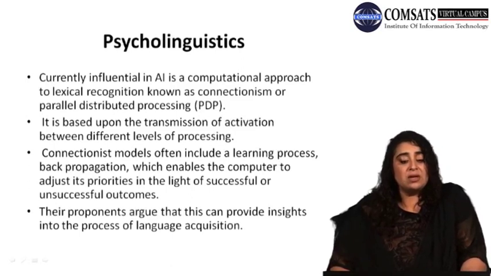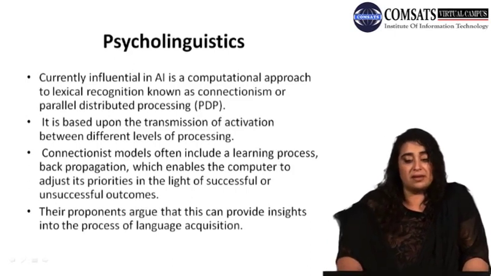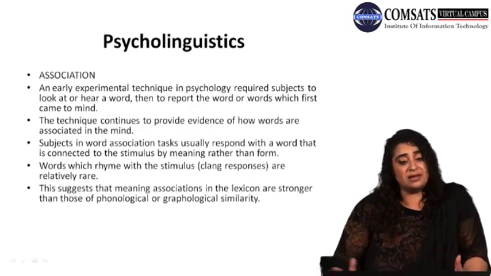Connectionist models often include a learning process, back propagation, which enables the computer to adjust its priorities in the light of successful or unsuccessful outcomes. So their proponents would argue that this can provide insights into the process of language acquisition, of how we acquire the language. Now, association: associating something.